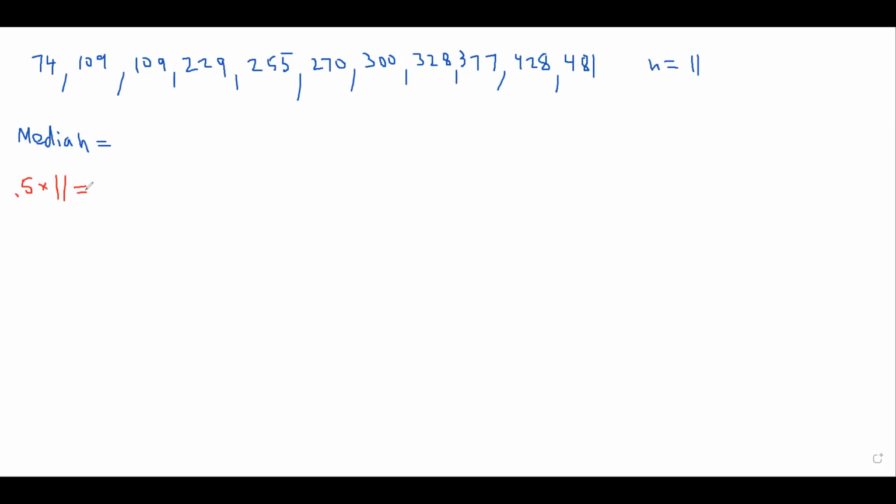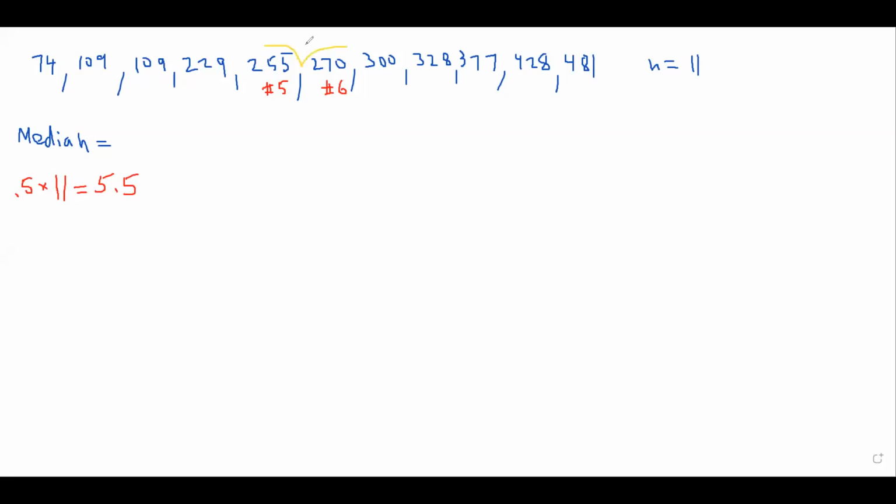And when you do this multiplication, you get something like 5.5. Let's say there's a fifth place and there is a sixth place in this sample, but there is no element on the place 5.5.